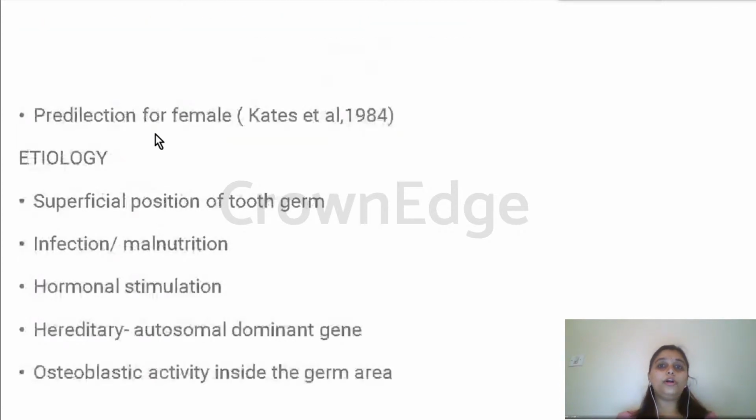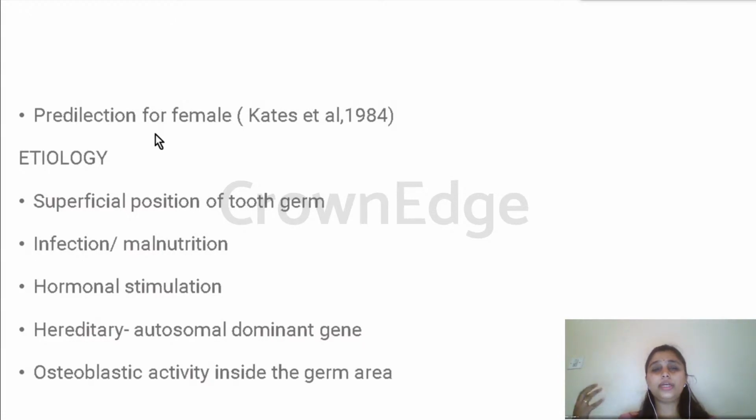Now let's just talk briefly about natal and neonatal teeth. General predilection, according to Cates et al., who is one of the authors, is that it is present mostly in the female gender, and the basic etiology could be the superficial position of the tooth germ. It could be because of any malnutrition or infection during the development of the baby. It could be because of hormonal stimulation. Most importantly, most of the time it is because of hereditary inheritance.